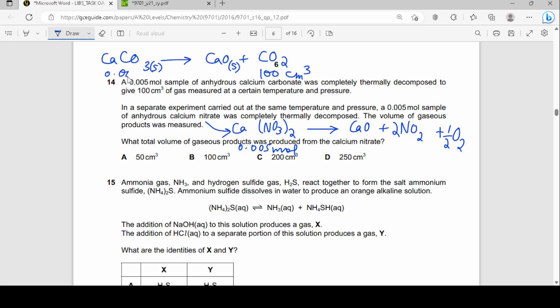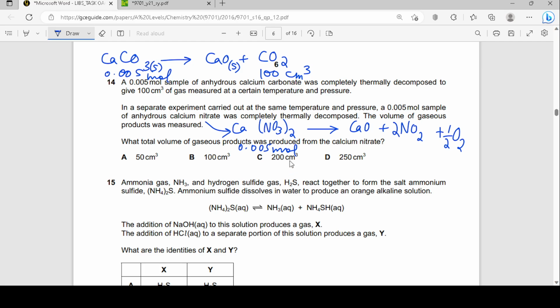It's 0.005 moles, right? So what can we say? The thing is that they have said at a certain temperature and pressure, but we don't know what the temperature or pressure is. We know that 1 mole of a gas at room temperature and pressure occupies a volume of 24.0 cubic decimeters, right?